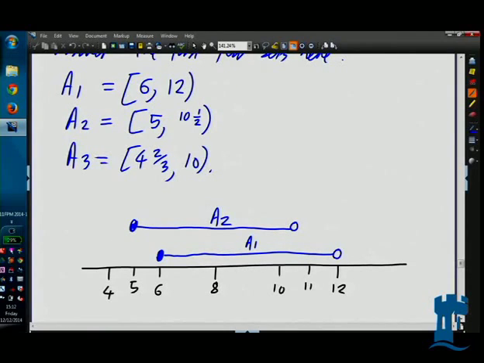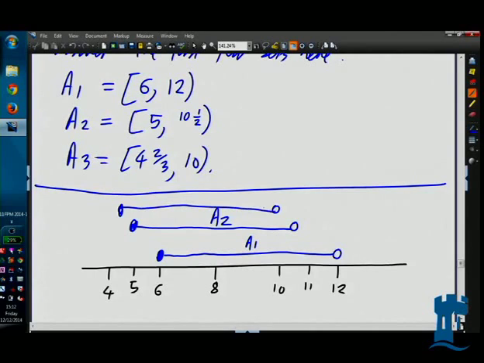A3 goes from 4 2/3 up to 10 in a similar way. So here's A3. Maybe I should have used different colours.